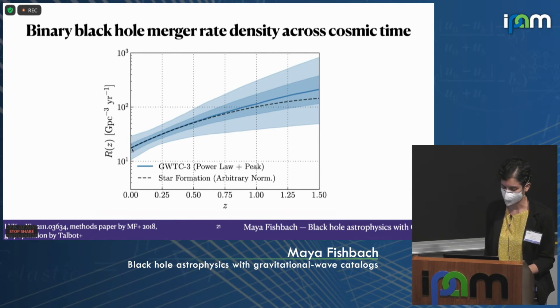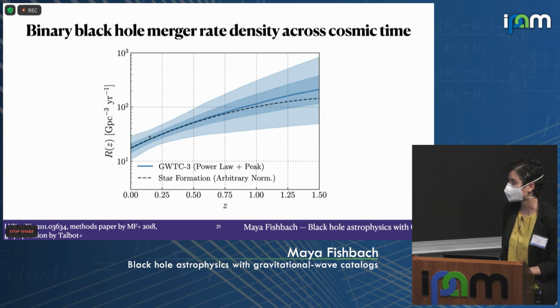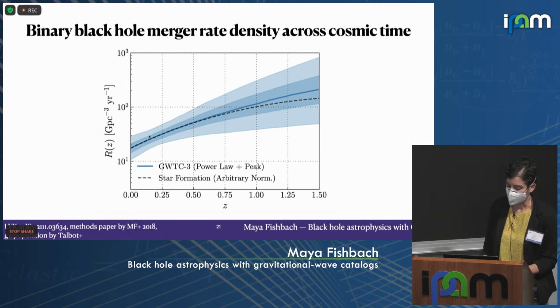And so this is the latest fit to that from GWTC-3, and you can see here the blue line is the median merger rate density as a function of redshift that we infer, and the bands enclose 50% and 90% probability at each redshift.